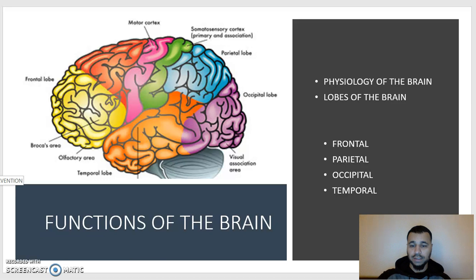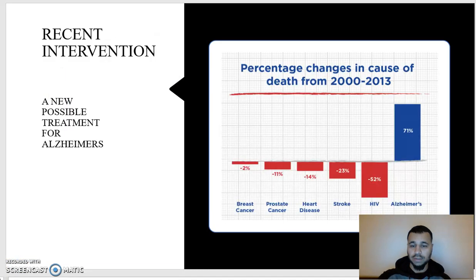Okay, now a recent intervention in medicine. I want to talk about a new possible treatment for Alzheimer's.